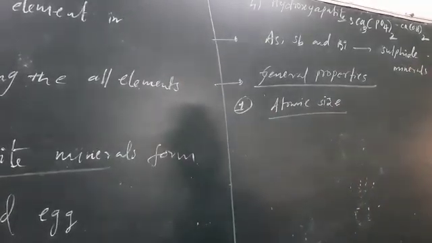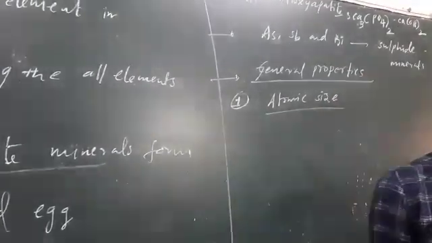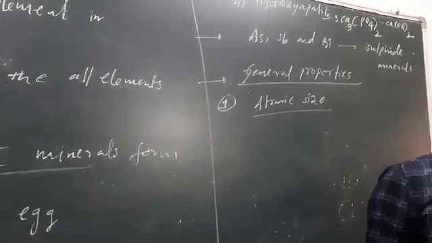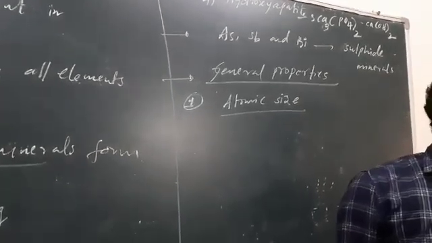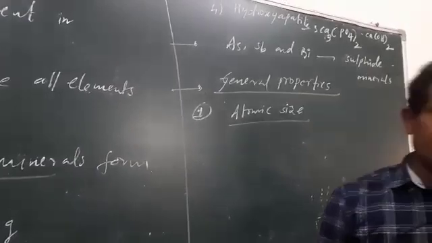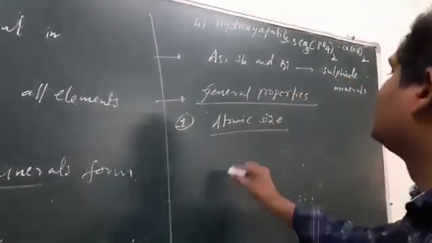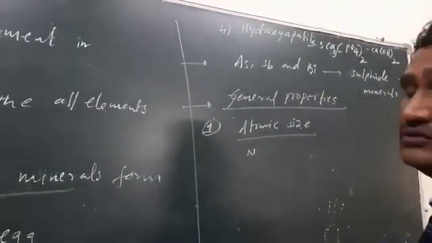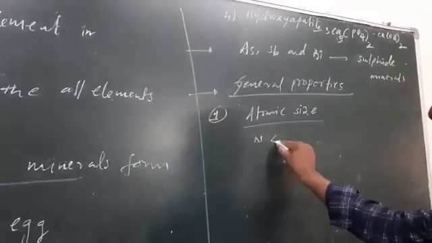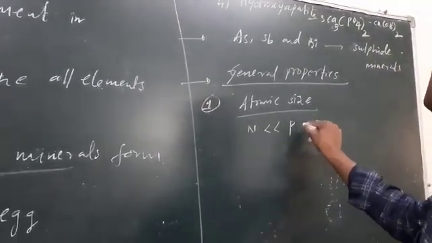Generally from top to bottom in this group, atomic sizes increase. Top to bottom means nitrogen to bismuth, atomic sizes increase.